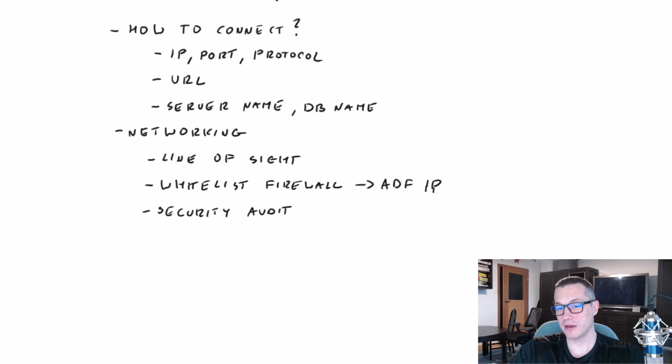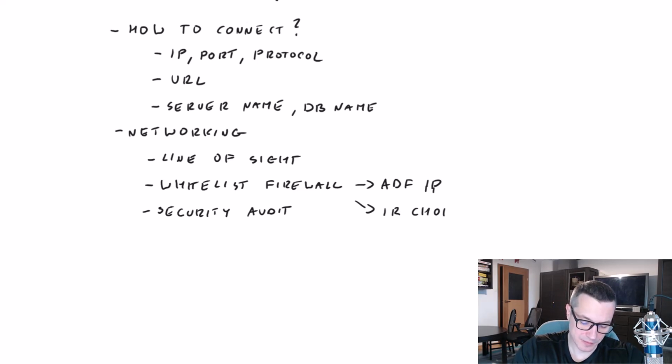Or maybe they will tell you, sorry, no way, we are not allowing public access. You have to think of something else. And then it will be up to you to think which integration runtime in ADF can be used to connect in a secure way. And again, this process might take time.